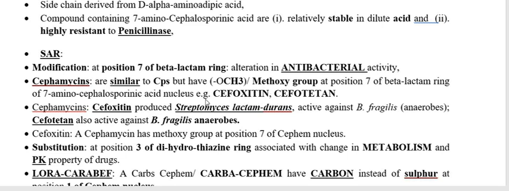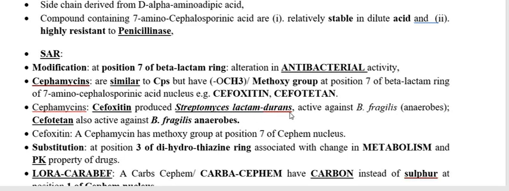They have an additional property: they act on B. fragilis, the anaerobe Bacteroides fragilis. So cefamycin also acts against the anaerobe Bacteroides fragilis.